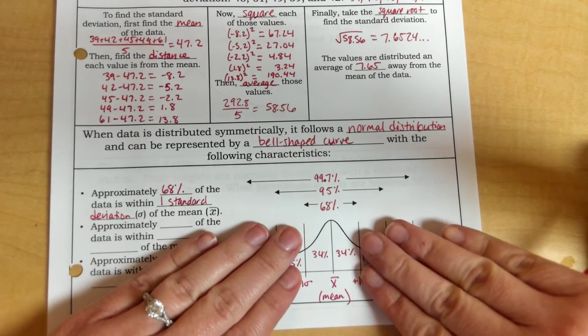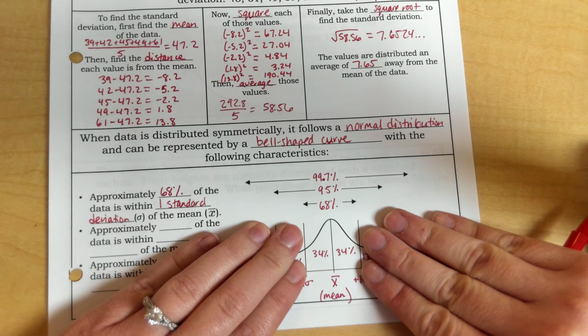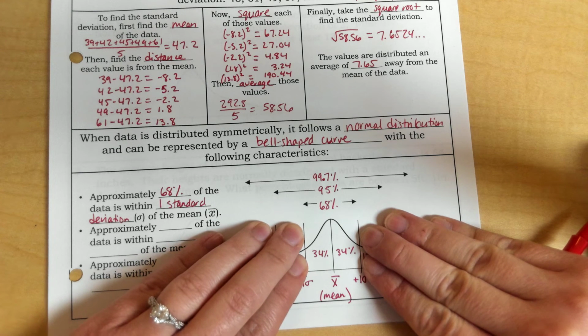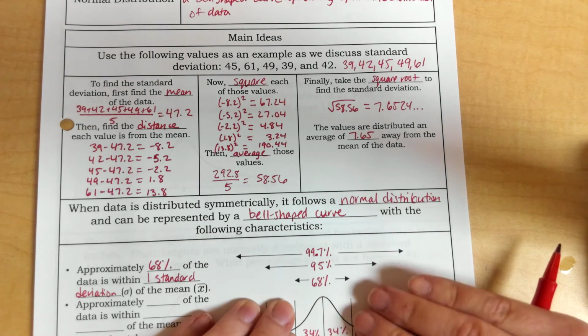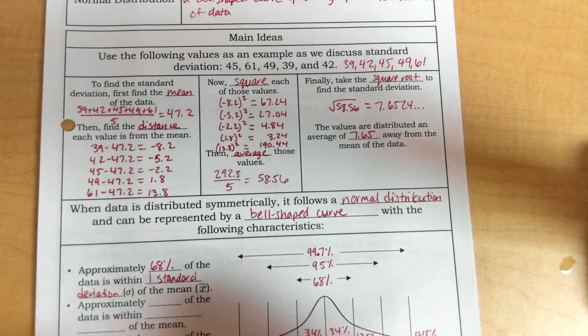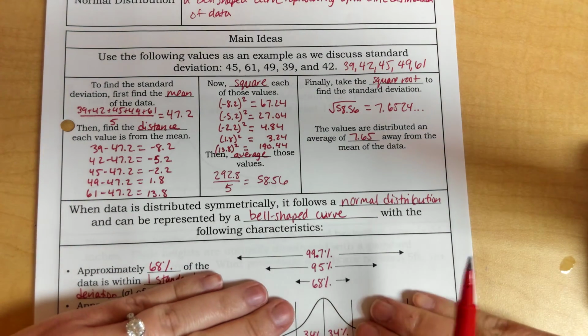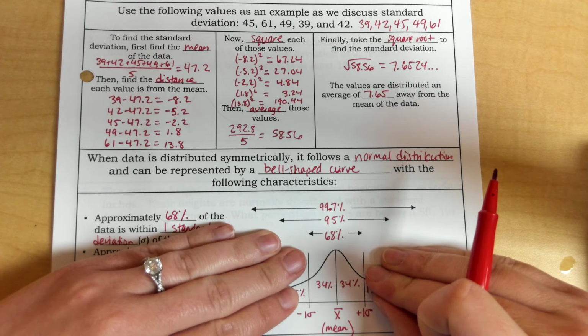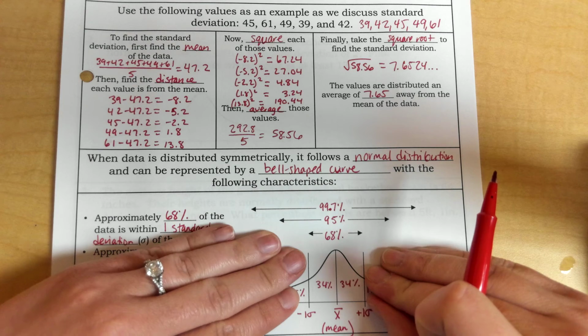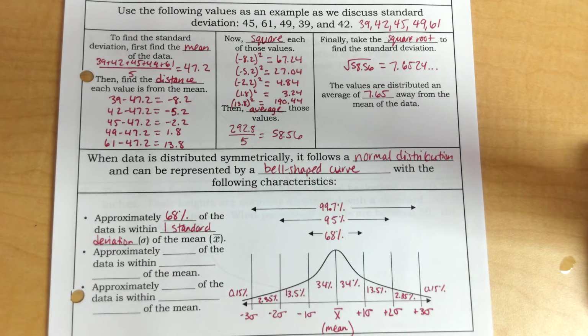So 68% of the numbers in a normal distribution will fall right here within 1 number. So if we were using the example of if it were a normal distribution, we would say that 68% of the data falls between, let's do the quick calculation, 47.2 minus 7.65, falls between the numbers 39.55 and 54.85, because that's 1 standard deviation away from the average. Okay, so that's what we're looking at here.